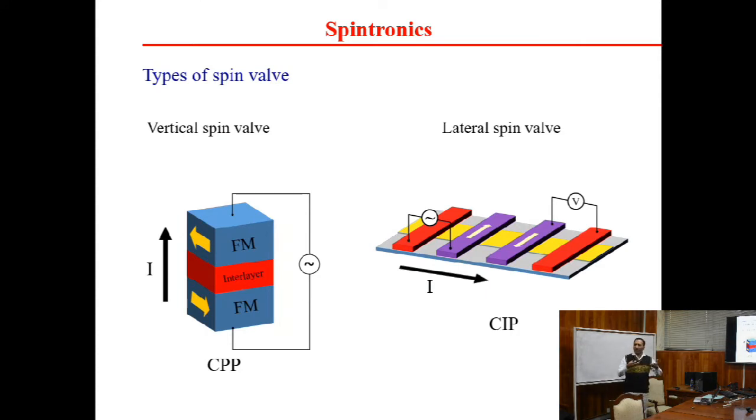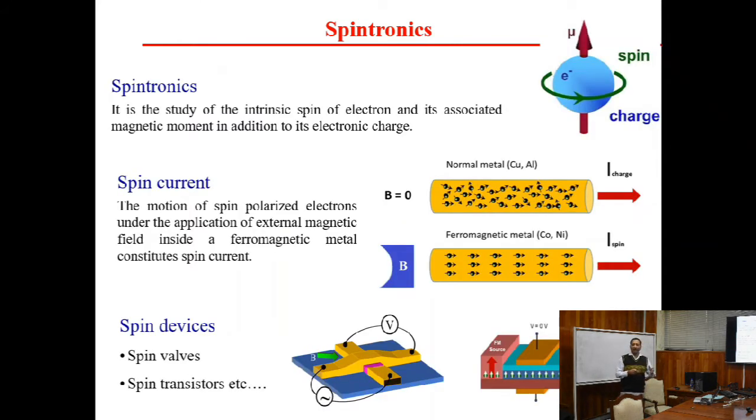In a normal transistor, you have the channel and a two, three, or four electrode assembly. You apply the voltage and measure the current, or you apply the current and measure the voltage. But if you have the ferromagnetic electrodes that I have previously shown, those electrodes are polarized. Polarized means you have moving charge carriers, but they are aligned in their magnetic moments.